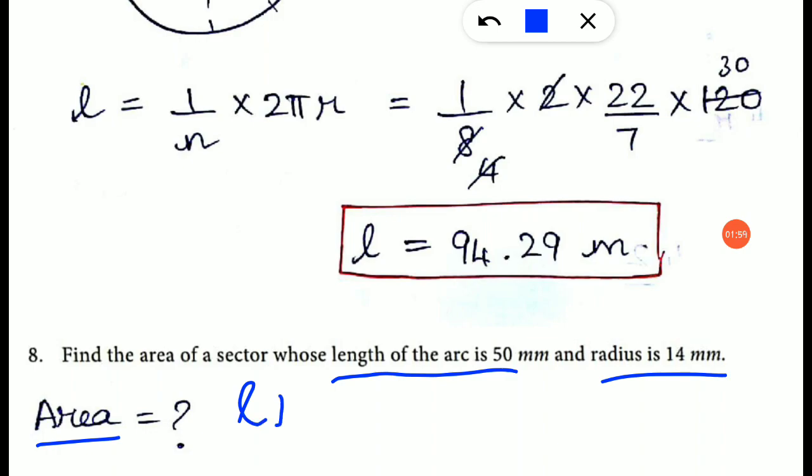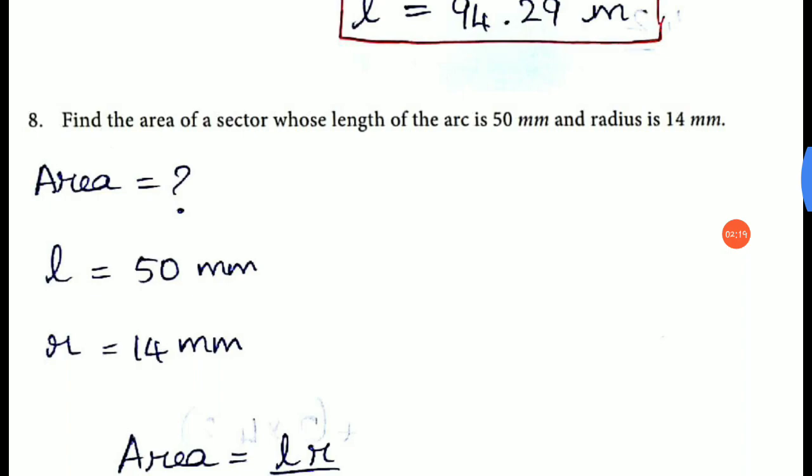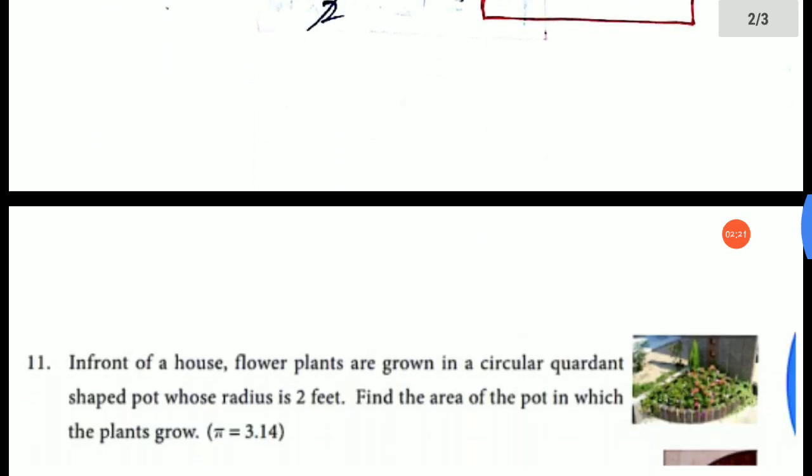We know that L r by 2. So can you directly use this formula and find out the area of the sector? Yes, length will be 50 and then 50 into 14 divided by 2 will give you the area of a sector. Clear, children? Good.